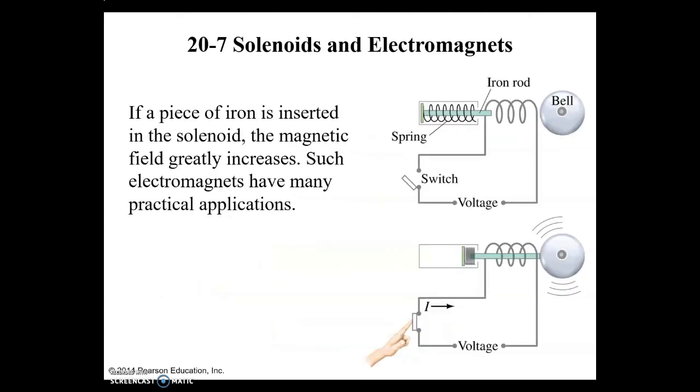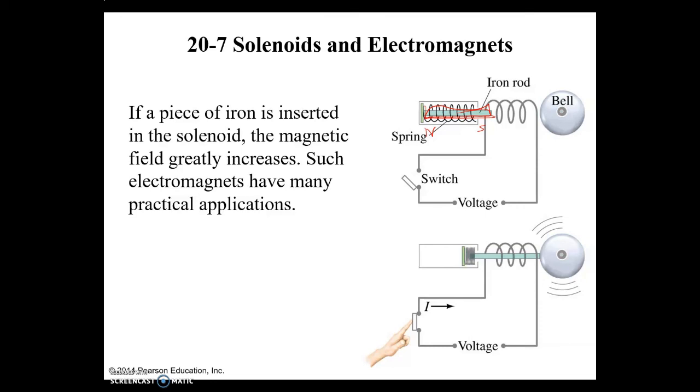Well, we can use this principle of solenoids in a very simple device. Let's say that we have here a simple bar magnet that's attached to a spring. We'll say we've got South on that end, North on this end. And we have a solenoid that's connected to a voltage source and a switch.